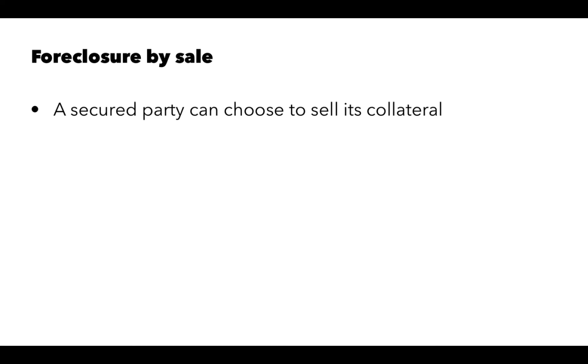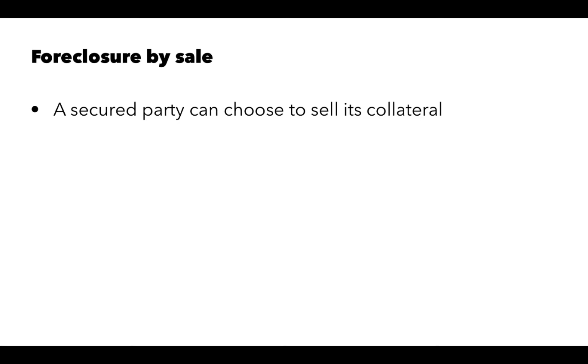Foreclosure by sale is another creditor remedy, meaning the secured party can choose to sell the collateral. So the secured party can sell the collateral and take that and apply the amount to the debt.